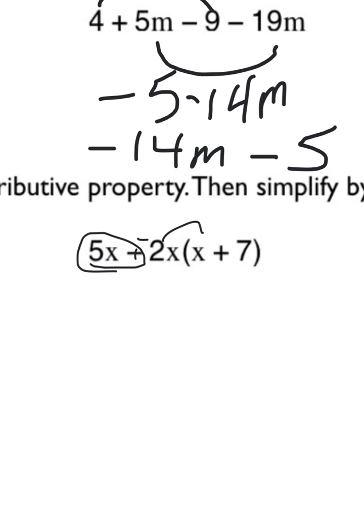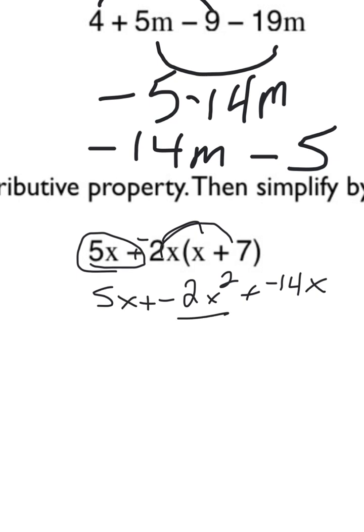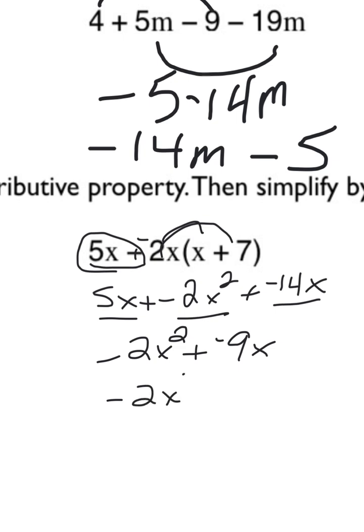So I'm going to distribute this, -2x squared plus -14x, and then I have a 5x plus those. -2x squared stays the same. And then I have 5x and -14x together, I get -9x. So it could also be -2x squared minus 9x. Either one of those works.